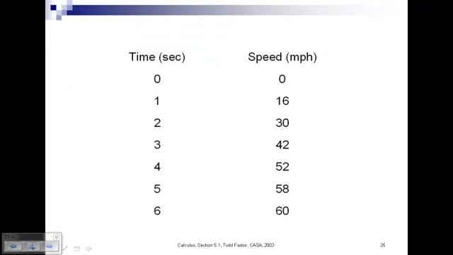Let's do a problem. Let's find the area under the curve to find distance traveled, but this time with data. So this could be the acceleration of a car. Not a very fast car because it takes 6 seconds to get up to 60 miles an hour.